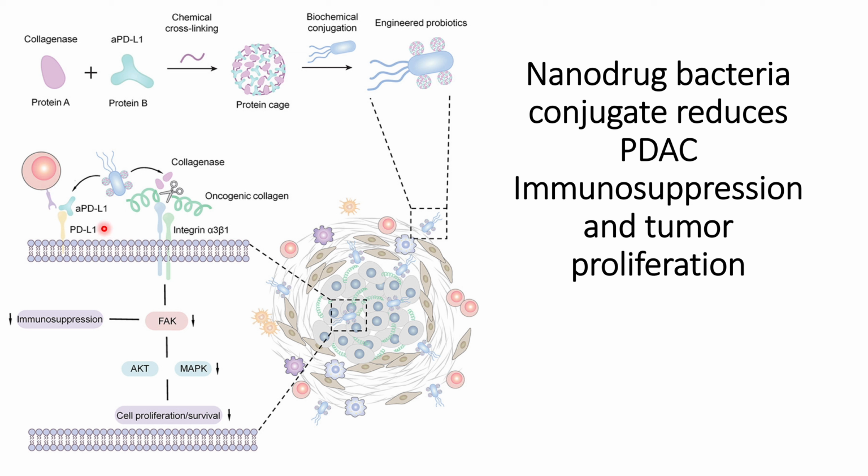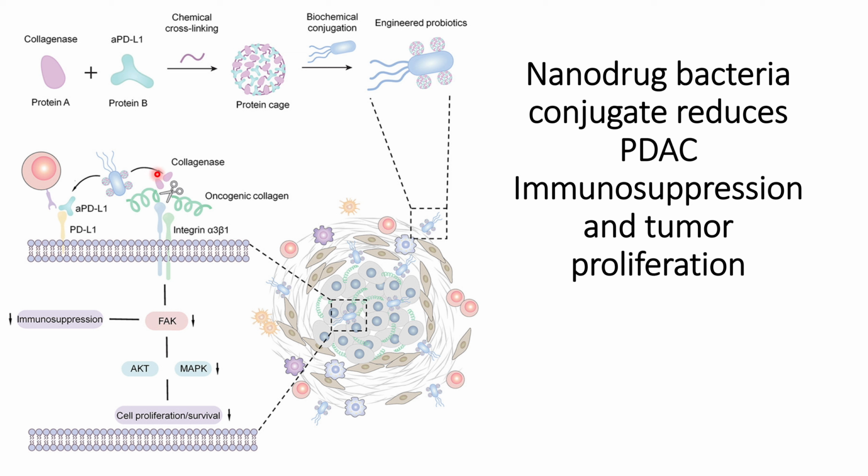So because of the competition of these two antibodies, the efficiency of the immune response increases because of the increase in the amount of anti-PDL1 due to the nanodrug bacteria conjugates, and this will activate the immune checkpoint therapy response.